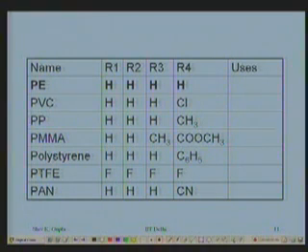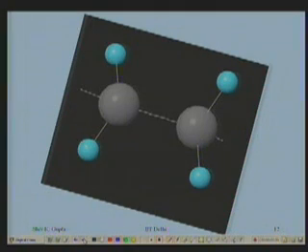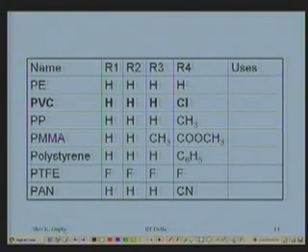Polyvinyl chloride is the next one which we shall look at. Three side groups, R1, R2, R3, are hydrogen. The fourth one is a chlorine atom, which is a little bigger compared to hydrogen, and this again forms a chain molecule.